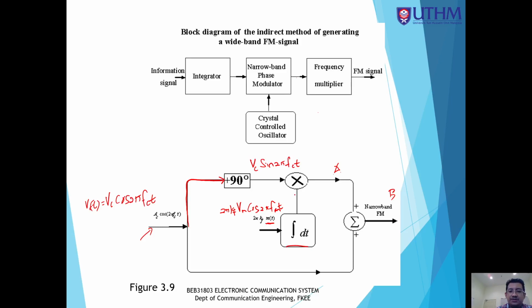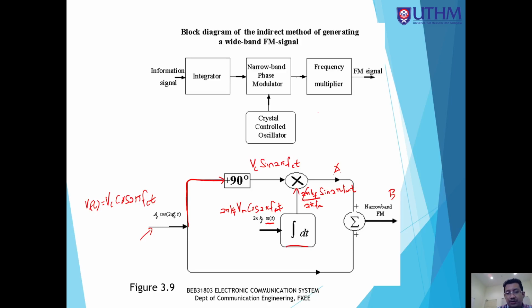That means at this point you will get 2 pi kf sine 2 pi fmt, and this is divided by 2 pi fm.